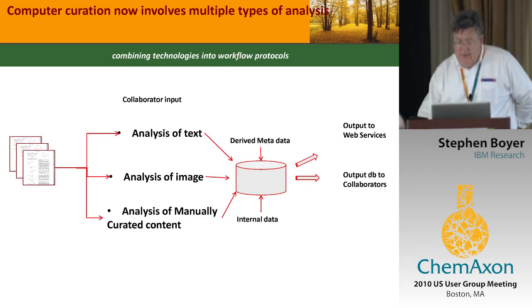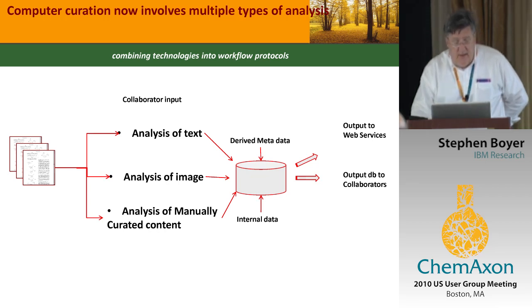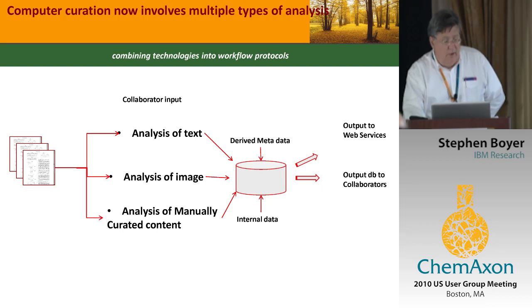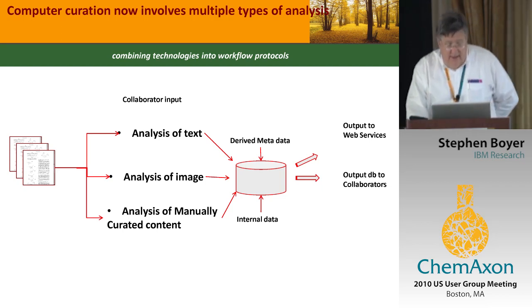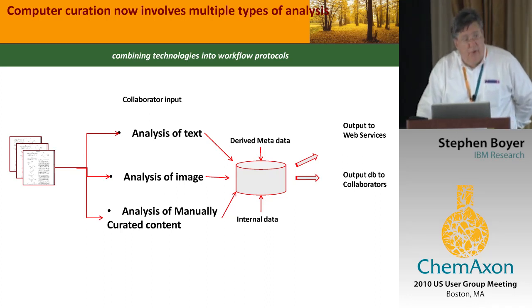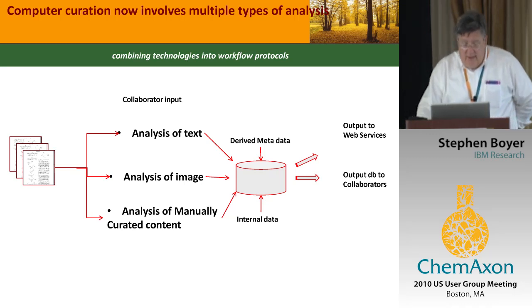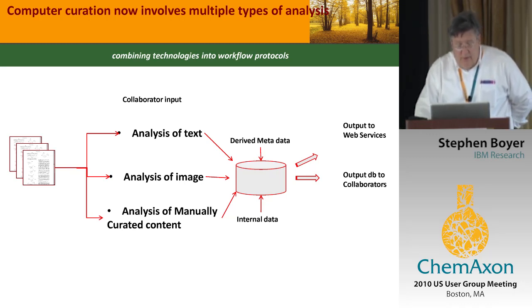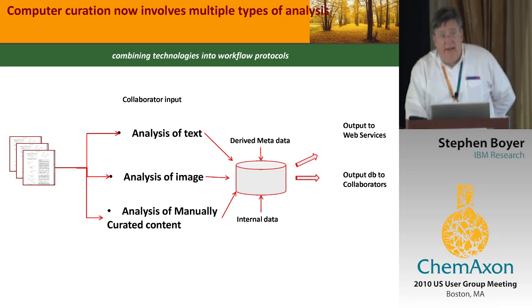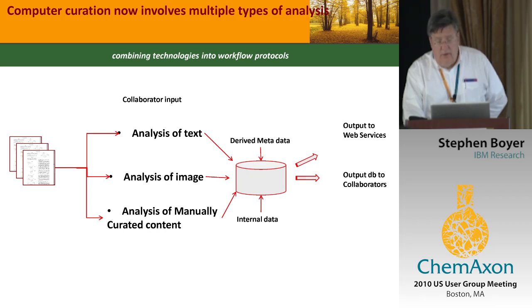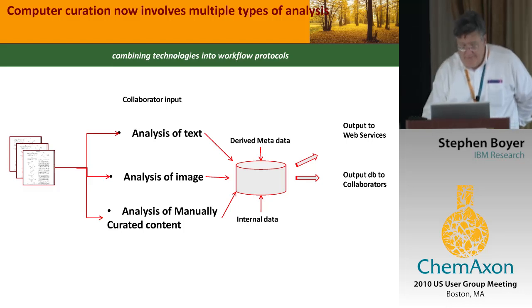But the idea was to take these documents and to do an analysis of the text. More recently, we've started doing what we call image analytics and the analysis of the images on a large scale. And then there's also the manual curation processes that take place. What we've been trying to do is integrate these three streams into a large database. Once we have this database, we can then combine it with both internal data or with metadata, and then make it available through a number of different applications.